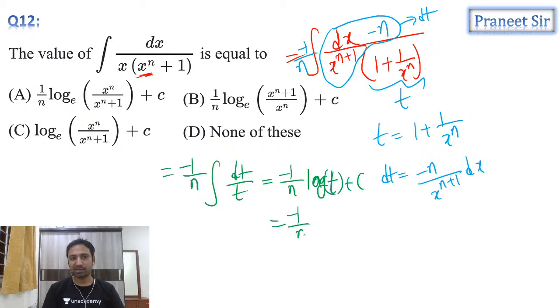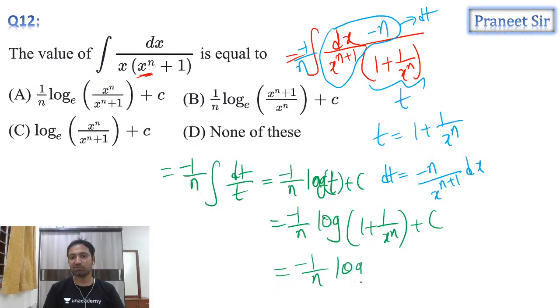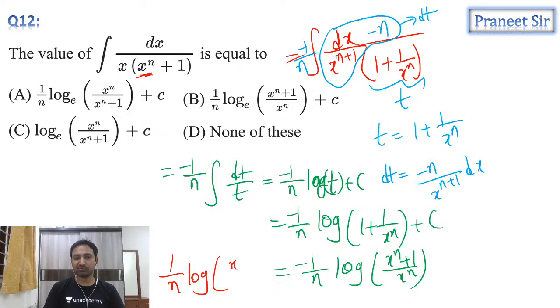T is how much guys? 1 plus 1 by x power n plus some constant c. Still we can simplify this. Minus 1 by n into log of x power n plus 1 by x power n. If I remove this minus, I can write it as 1 by n into log of the reciprocal of x power n plus 1 by x power n, which is x power n by x power n plus 1. That's what we're getting.